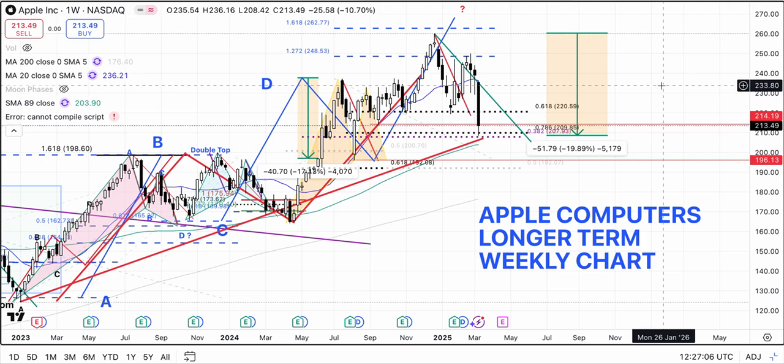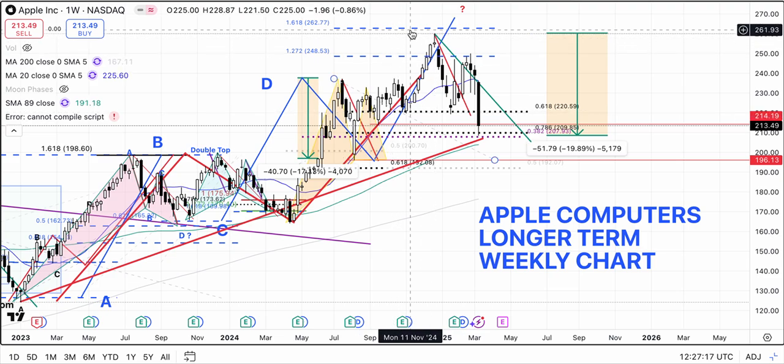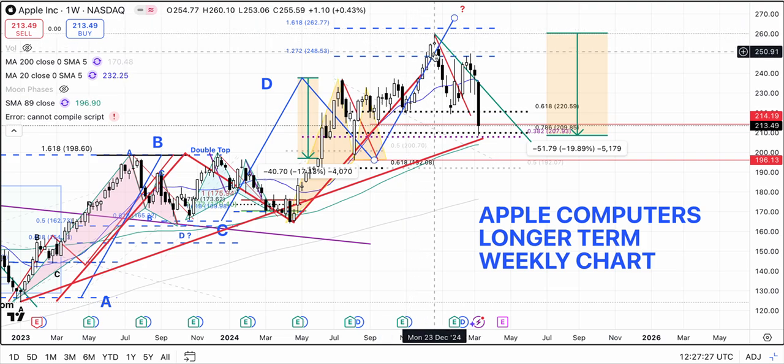So Apple has been under a fair amount of pressure pretty much since the beginning of 2025, but it put in a top around the 23rd of December 2024. And I was just hoping, and hope is not a good word for investing and trading, I might get to about 260, 262, 1.618 expansion, but it got to as high as 260.